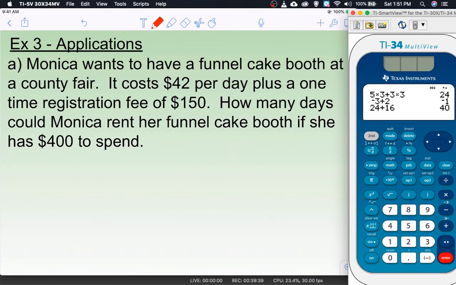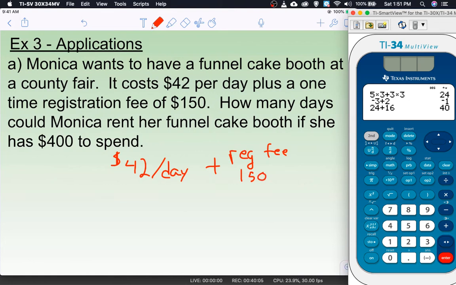Well, so she has to pay $42 a day, every day. Plus she has this one-time registration fee, I'm just going to put reg fee, of $150.